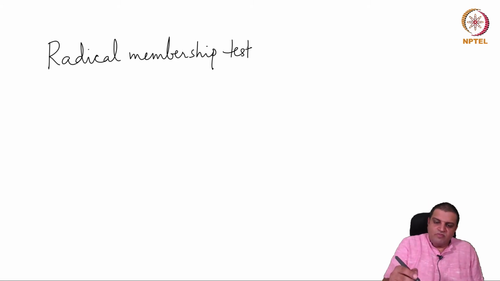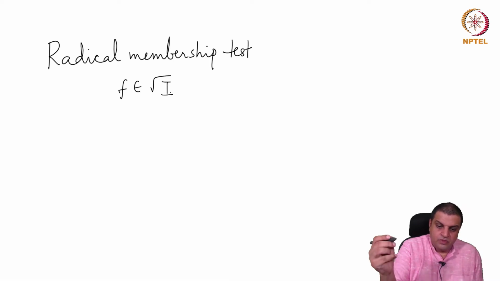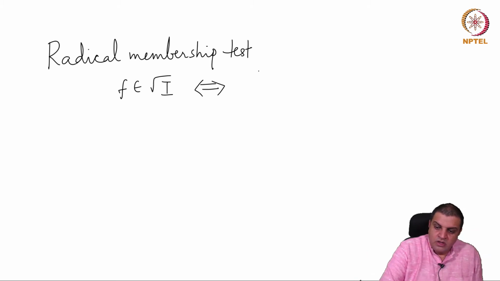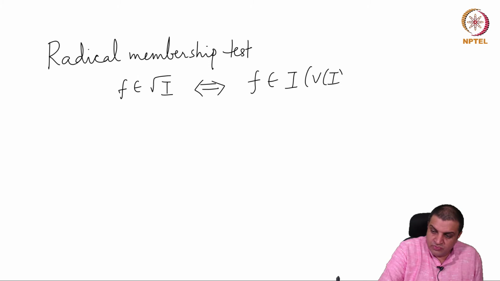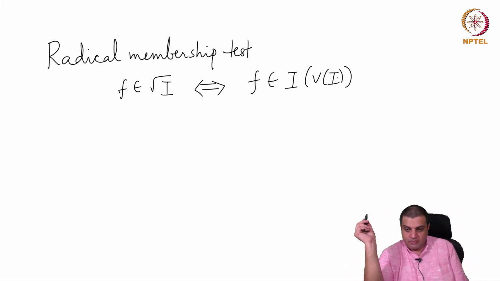Notice that f is in the radical of I if and only if f is in I of V of I. This is what we just proved, that the radical of I is equal to this.